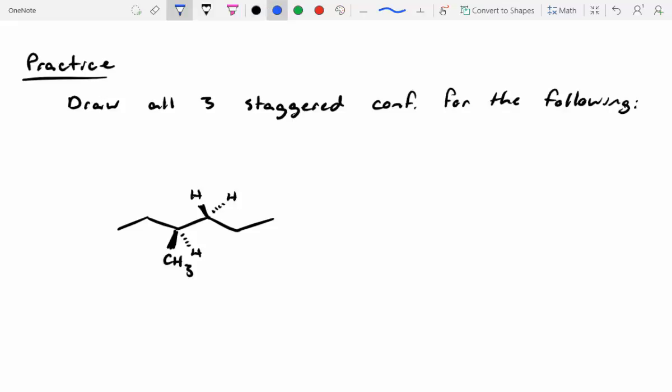However, this time we're going to be looking smack down this bond. So we're going to be looking down the 3,4 bond in this molecule. This would be 3-methylhexane. So let's try to figure out our three staggered conformations for this molecule.